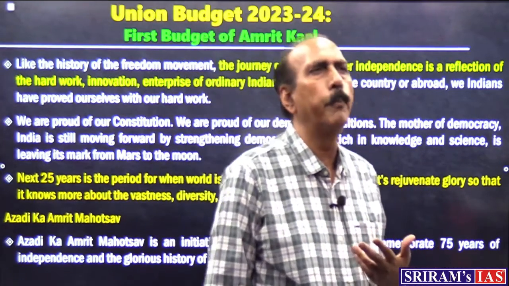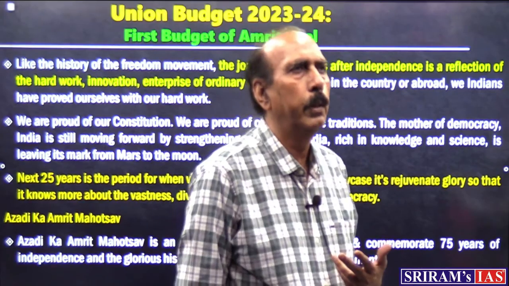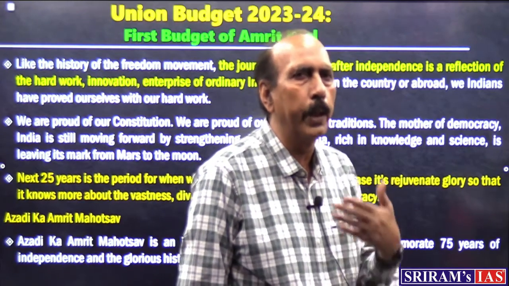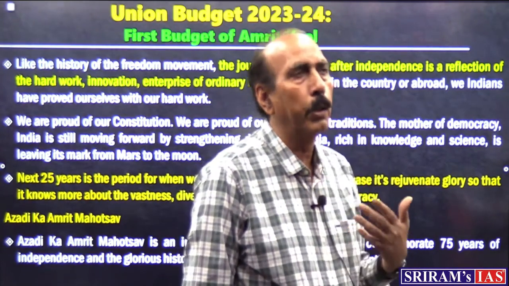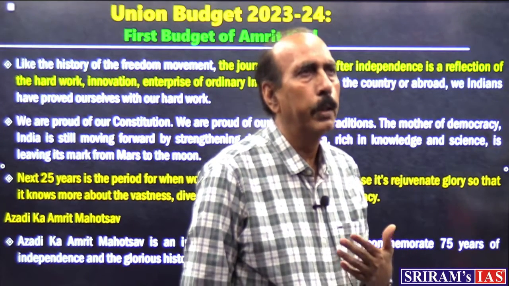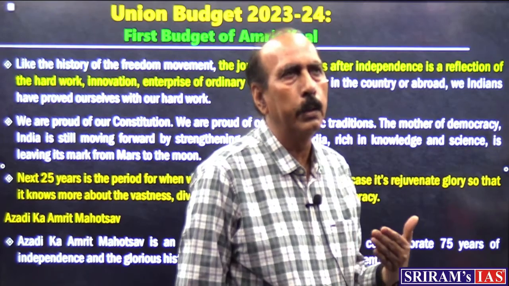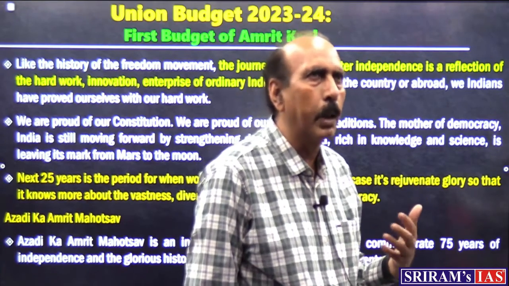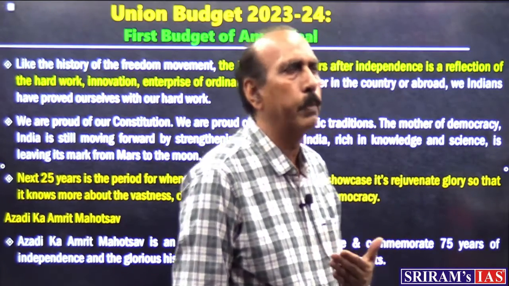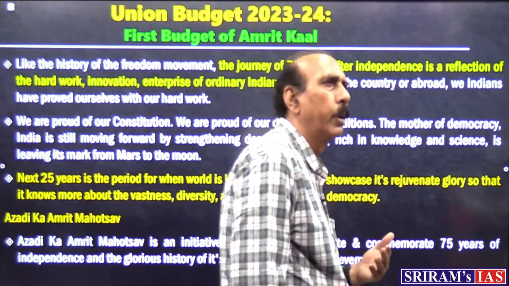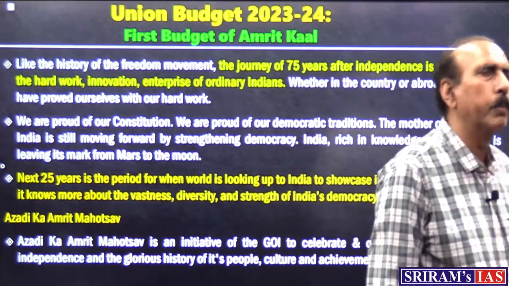He used this term, and therefore he said that for the next 75 weeks since then, we will celebrate the Amrit Kal Ka Mahotsav. We will celebrate it because 23-24 is going to be the first budget of the Amrit Kal.